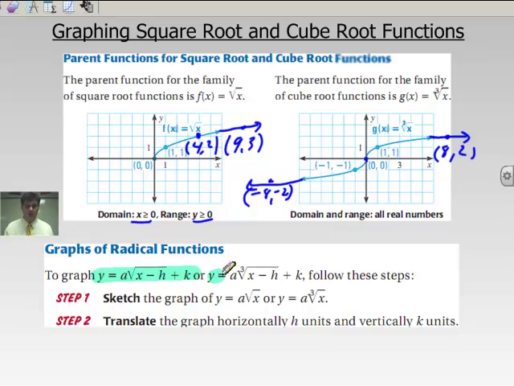And then for the cube root, same idea, except we have a cube root. Remember that the h works backwards because of that minus sign. So a left shift is going to have a plus number, a right shift is going to have a minus number, or minus an integer, or whatever you get.